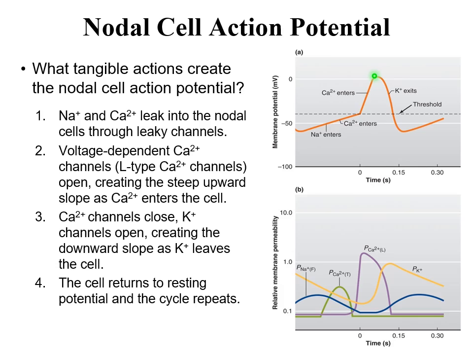When the potential drops back down, you get a closure of the calcium channels and then an opening of the potassium channels. Remember, potassium wants to get out of the cells because it all starts with the sodium potassium ATPase pump, which is energy driven and forces a lot of potassium in normally.